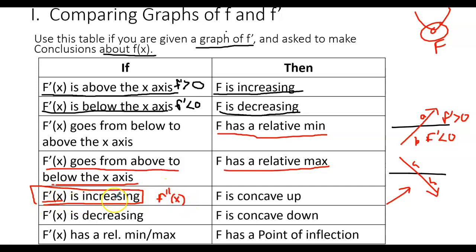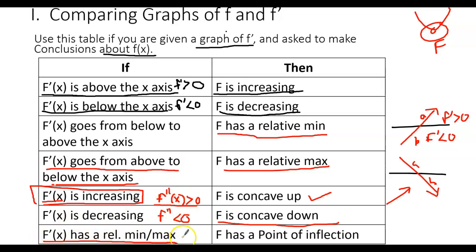So if f prime is increasing, its slope, in other words, f double prime, is greater than 0. And we talked in the video earlier about how that means that f is concave up. And contrarily, if f prime is decreasing, that means that f double prime is less than 0, and therefore f is concave down.